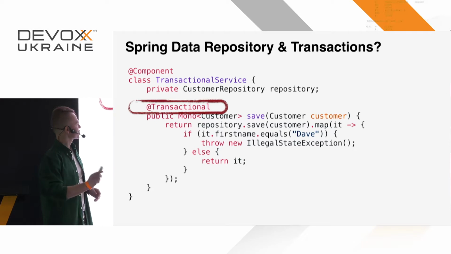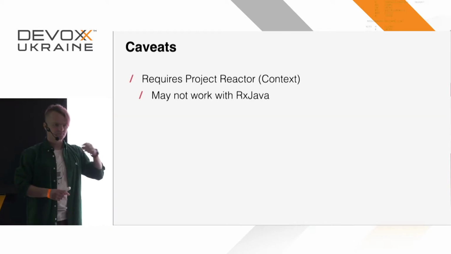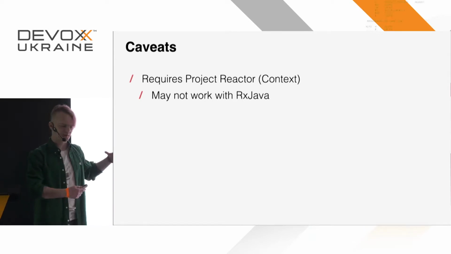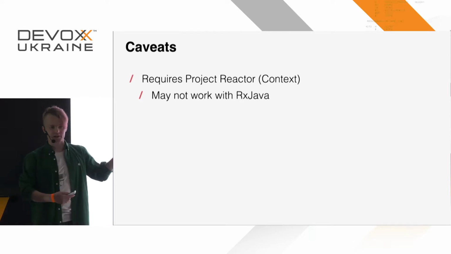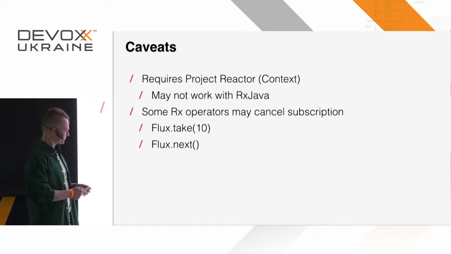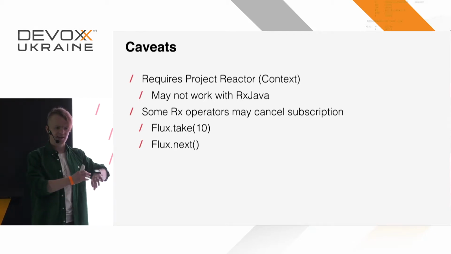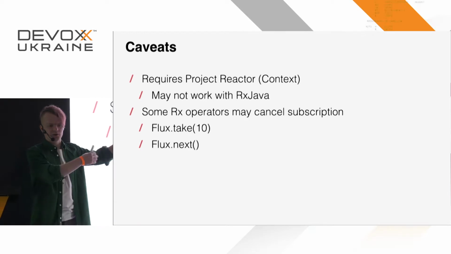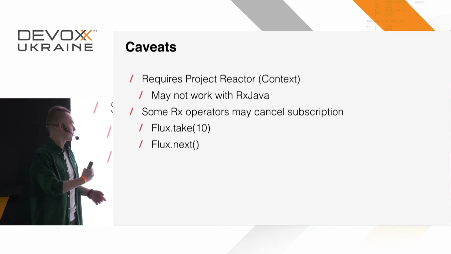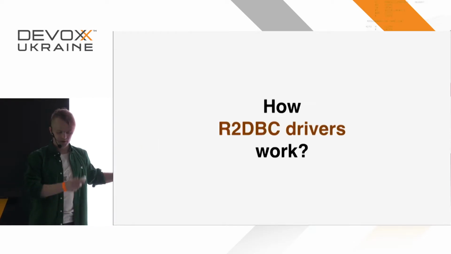It has some limitations, like you cannot mix Project Reactor with RxJava, because the whole idea of the transaction implementation in Spring is based on the reactive context. But it's a reasonable limitation. Also, do not do this, because it will take 10 elements and then unsubscribe from the transactional context, and will kill the transaction, which is what you do not want. But probably that's all the limitations we currently have.